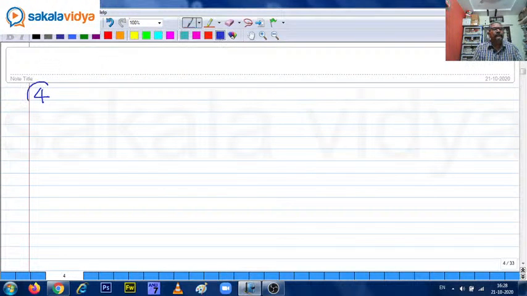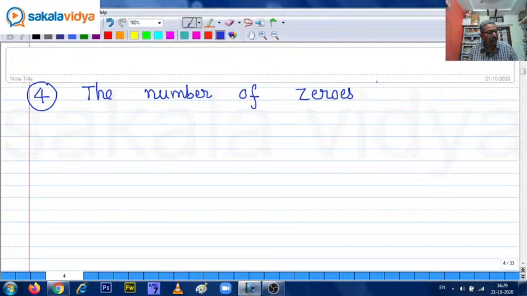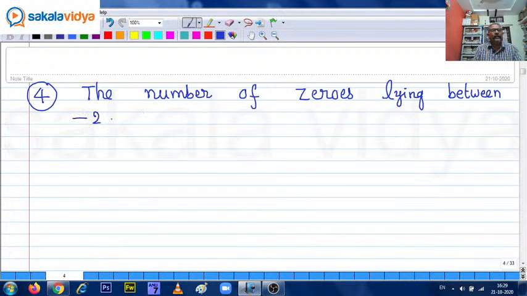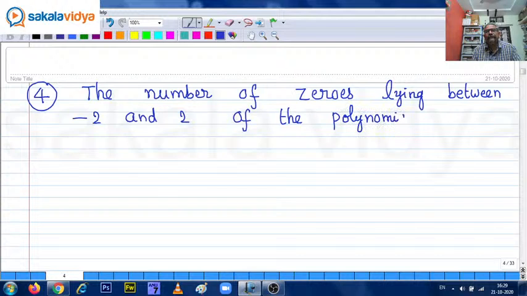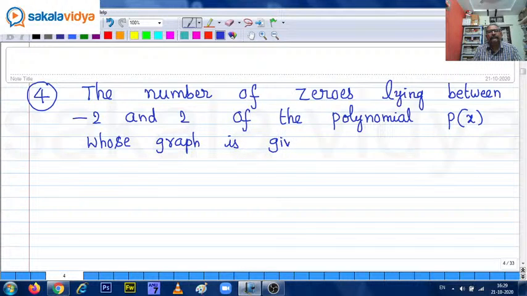Fourth question. The number of zeros lying between -2 and 2 of the polynomial P of x, whose graph is given below, is.